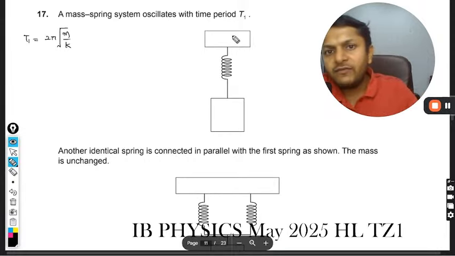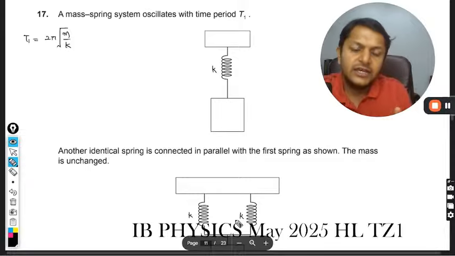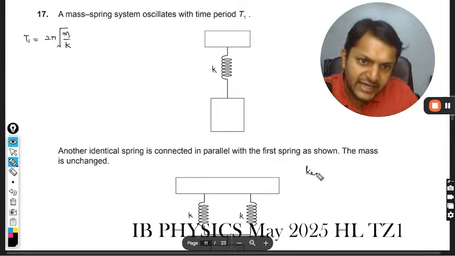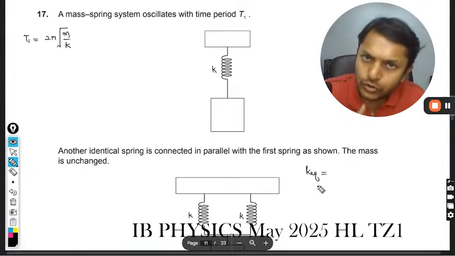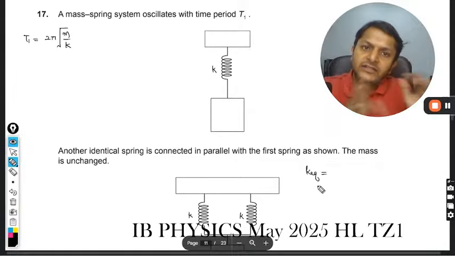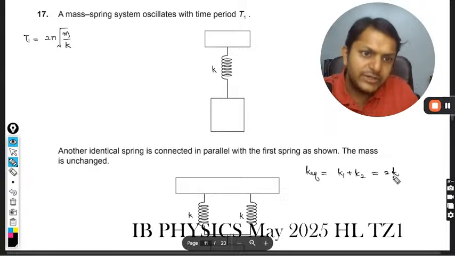And when you have the same identical spring connected in parallel with it, how do we do it? We find the k equivalent, and we know that when two springs are in parallel, they are just added with each other. So the total equivalent is k1 plus k2, which in this case will be 2k.